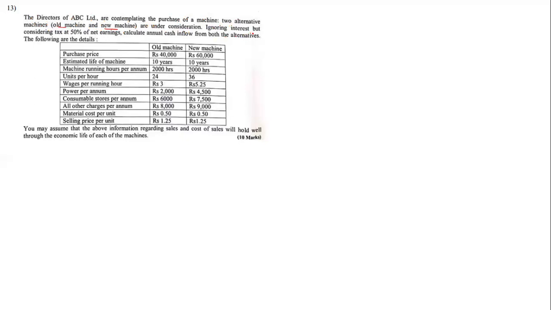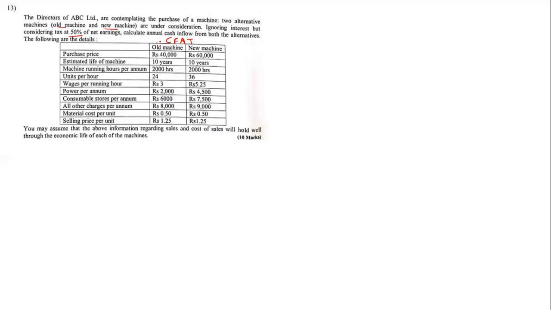Ignoring the interest but considering the tax at 50% of net earnings, calculate annual cash inflow from both the alternatives. In simple words, the target here for us is cash flow after tax, which is certainly a net cash flow after the taxation and adding back the depreciation, which we all are aware of.